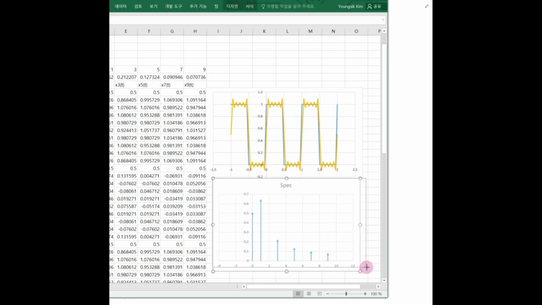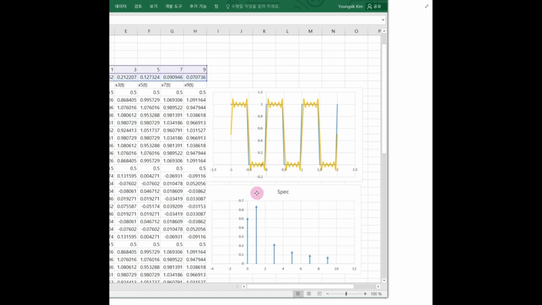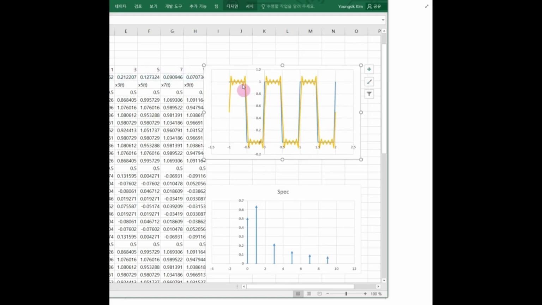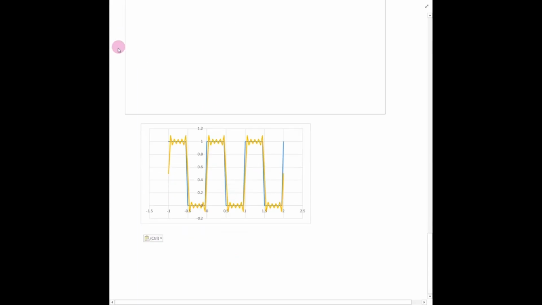I want to let you know the meaning of this one. We call this one the spectrum. Look here, and another one is this graph.